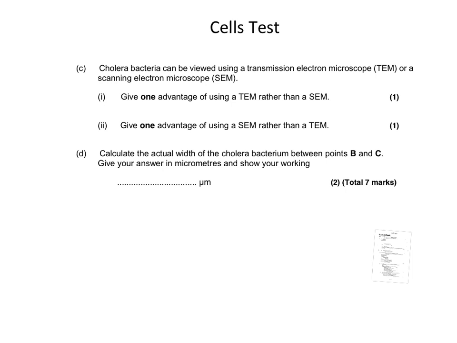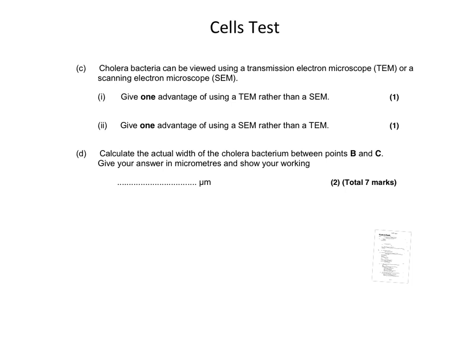But the main advantage I think that most of you will get is that you can have a 3D image. Again, answers that say that you can look at living specimens are incorrect, as the specimen will be placed into a vacuum. And as we all know, you can't have a living specimen in a vacuum, unless it's in a spacesuit.